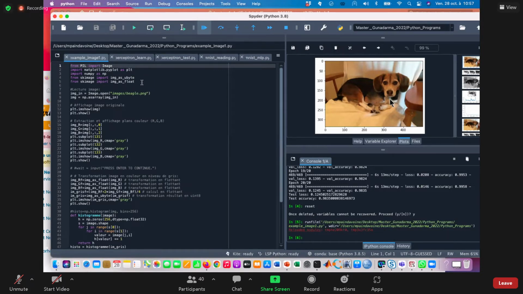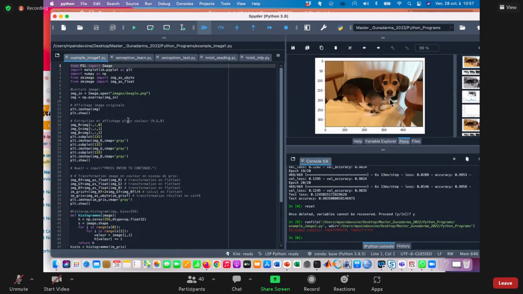So you have to declare the libraries that you are using. For example, the PIL library is used for image access, to read or open an image and so on. So you are using the image.